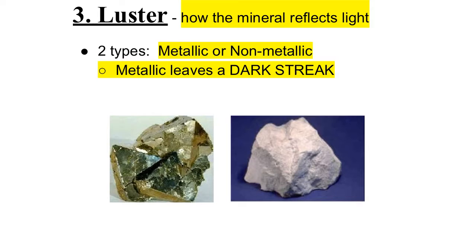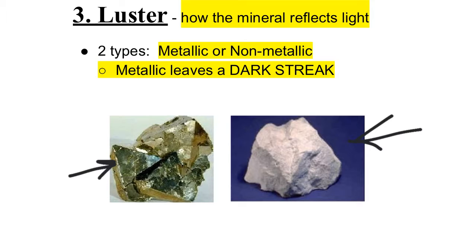If it looks metallic, if it has a metal appearance to it, like the one on the left here, this one is a metallic luster, then we say it's metallic. And if it does not have a metallic appearance, like this one over here on the right, it is non-metallic.